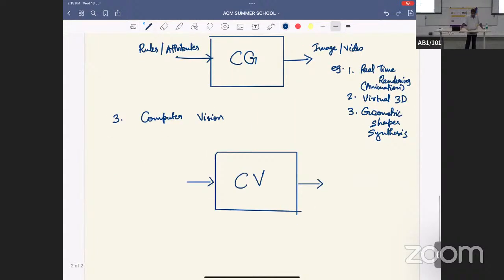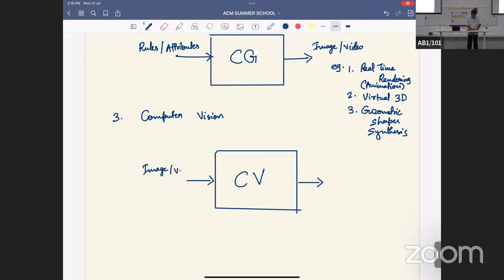So let's come to computer vision. What is the input and what is the output? Anyone? Yeah, input would be image or video. That's correct.